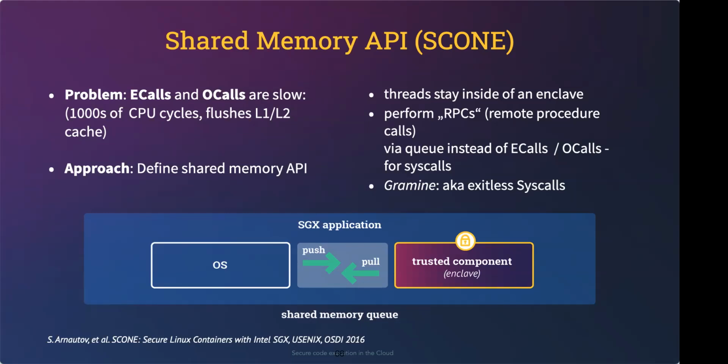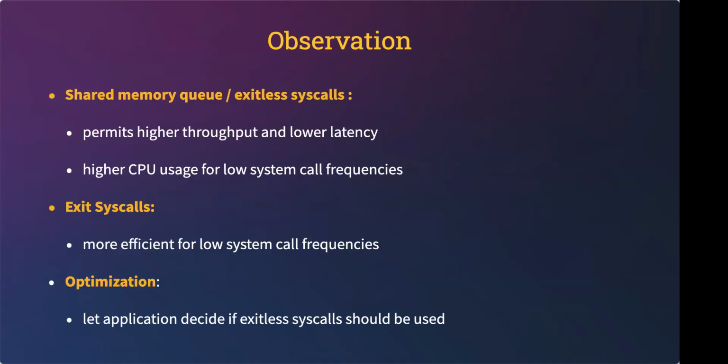So there one can look at the advantages and disadvantages of E calls versus exitless system calls. In our observation, if you have high throughput system servers that have lots of system calls, because typically we do the E call, or the O call, I should say, for a system call, the shared memory queue is really good when you have a high number of system calls per second, so high frequency.